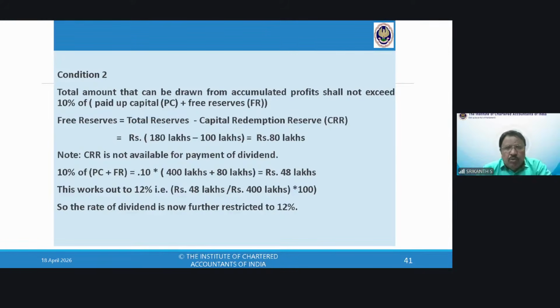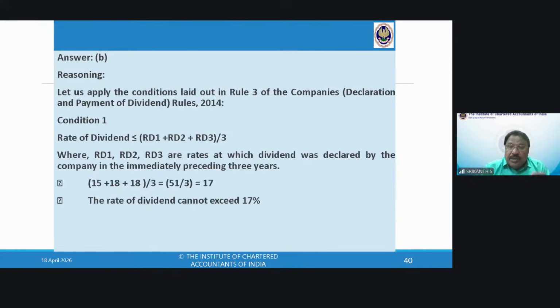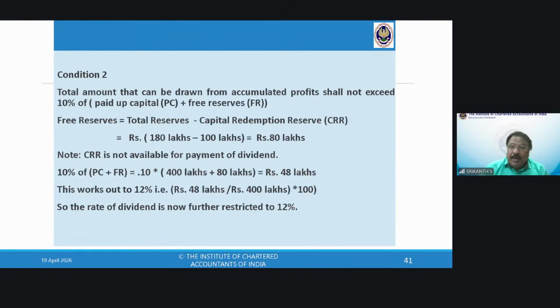Now condition 2 has further reduced the amount. Suppose you are declaring 18% on the paid up capital of 400 lakhs. If you are going to declare 18% on 400, you will have 72.